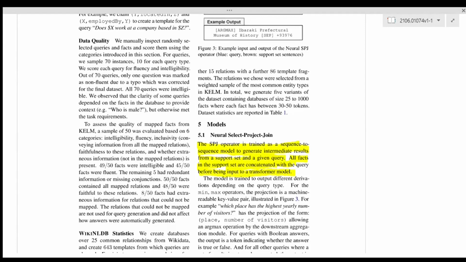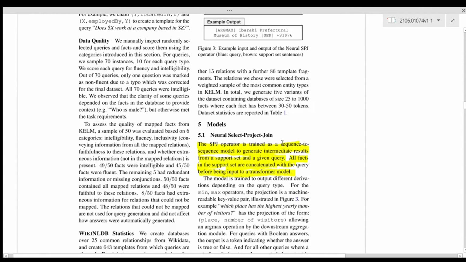So this is a sequence-to-sequence model, which encodes the sentences to a machine-readable format and extracts the values from the support sets.